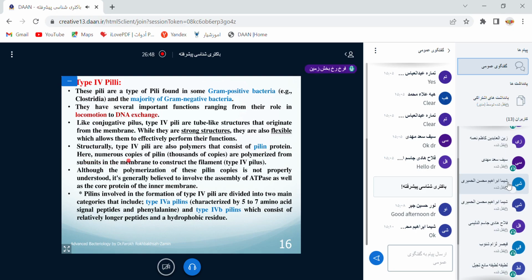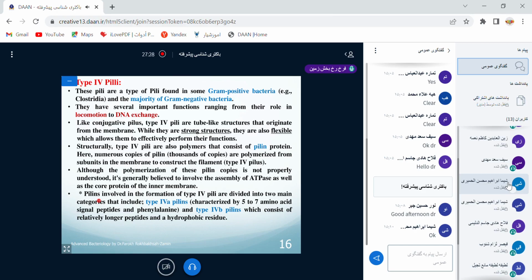Here, numerous copies of pilin, thousands of copies, are polymerized from subunits in the membrane to construct the type 4 pilus filament. Although the polymerization of these pilin copies is not properly understood, it is generally believed to involve the assembly of ATPase as well as the core protein of the inner membrane.